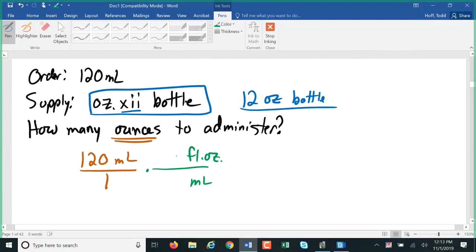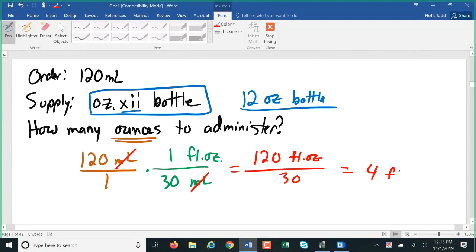Remember, if you look up on your conversion tables, 1 fluid ounce is approximately 30 milliliters. The milliliters cancel out. 120 divided by 30 is just 4 fluid ounces. So it ends up being just a conversion problem. Really not much to do with dosage calculations at all.